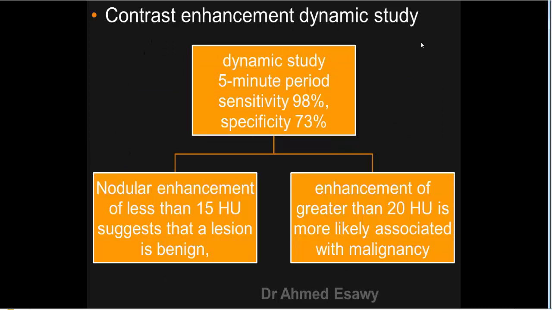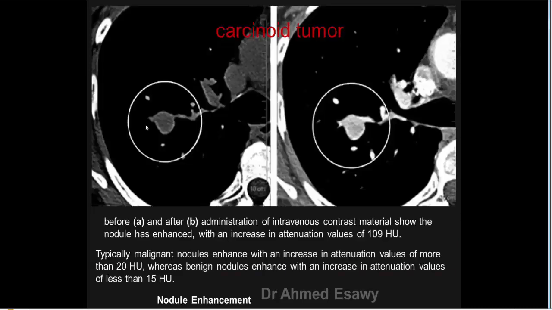Contrast enhancement dynamic study over a 5-minute period has a sensitivity of 98% and specificity of 73%. Nodular enhancement less than 15 Hounsfield units suggests the lesion is benign. Enhancement greater than 20 Hounsfield units is more likely associated with malignancy.